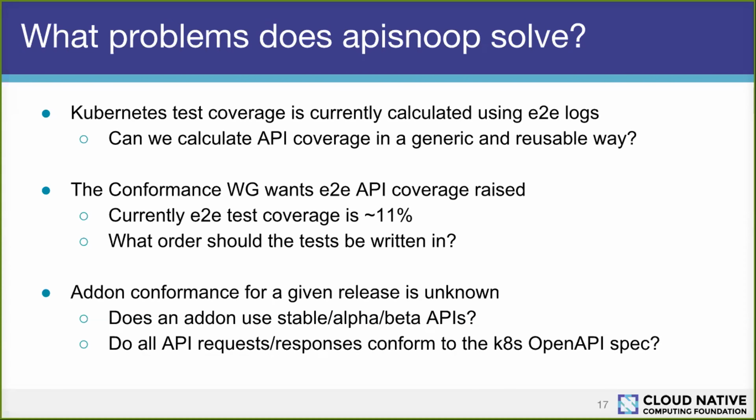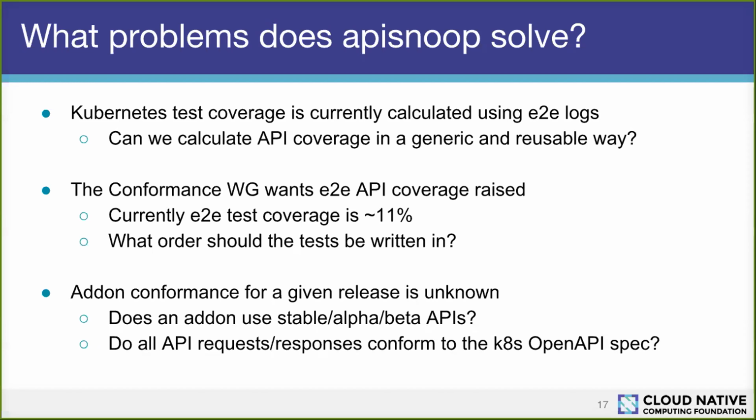The conformance working group is also working on raising e2e tests. Currently that test coverage rate is 11%. And we can try to work out a way to prioritize these tests based upon how often certain API endpoints are being used.